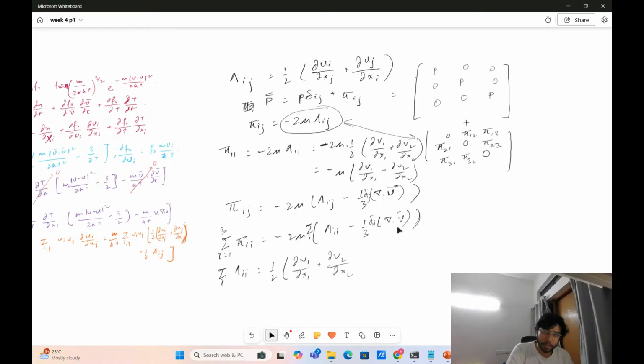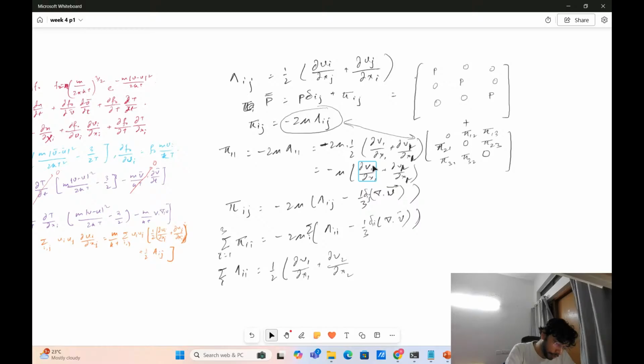I think I made a mistake over here. So this is lambda 1,1, which is del v1 del x1 plus del v1 del x1, all halved. Anyway, the main point is that this was not 0 in this case.